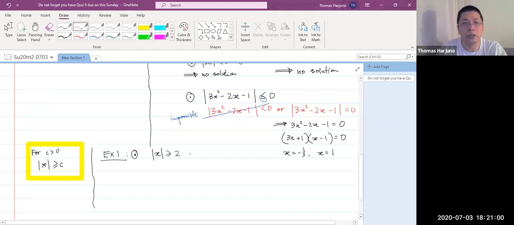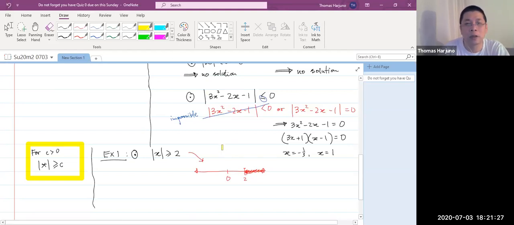The interpretation is that on the number line, the distance of that x from 0 should be at least 2. So more than 2 units to the right, starting from 2 to the right. Any point that you pick here, the distance from 0 will be more than 2.